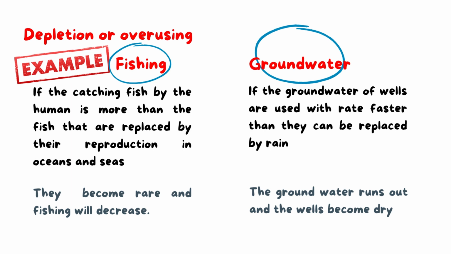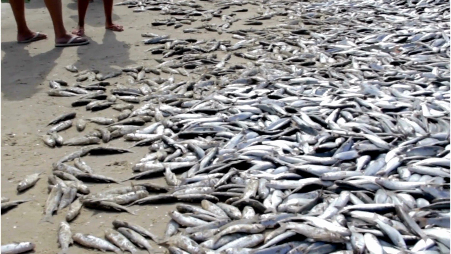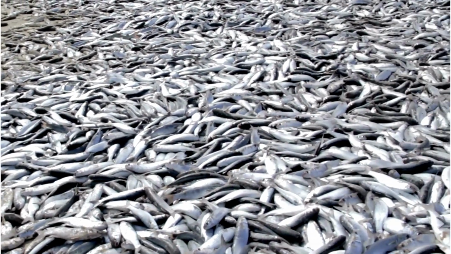Okay, so if we use more groundwater, with a rate faster than it can be collected or replaced, so what will happen? Yes, the groundwater runs out, okay, and the wells become dry. Okay, so those are the two examples for depletion or overusing: overfishing and the groundwater.